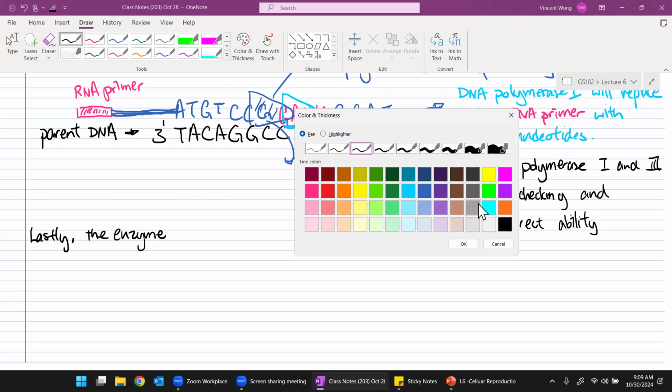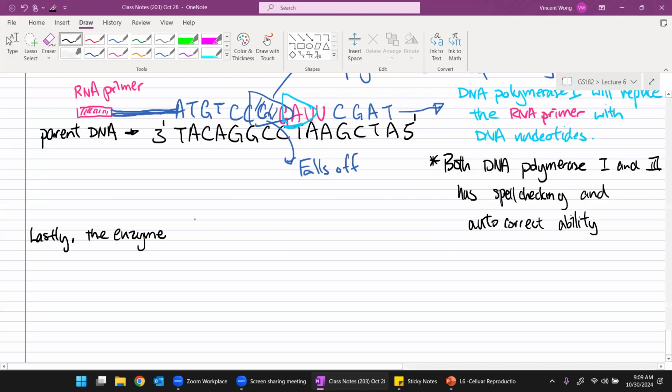The enzyme, let's use brown. DNA ligase. Okay, to ligate is to join things together. So this is an enzyme that joins things. DNA ligase will connect the Okazaki fragments.